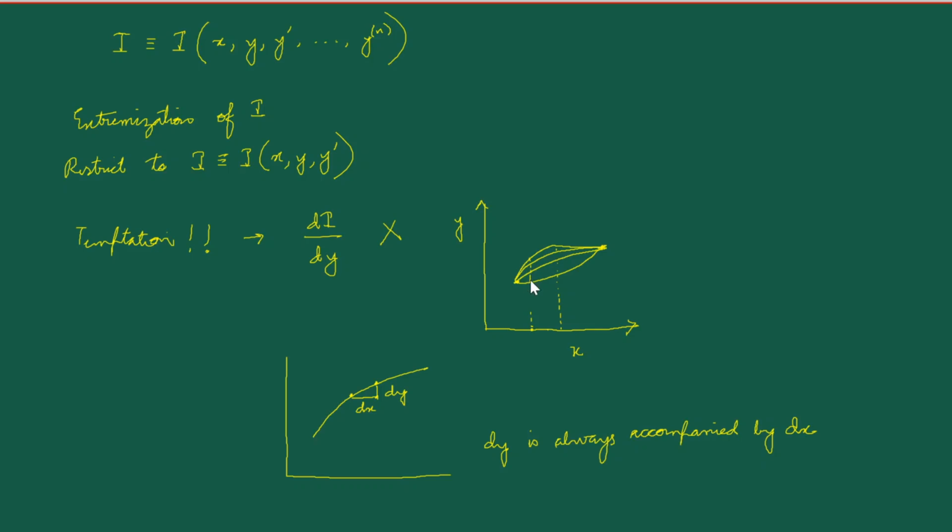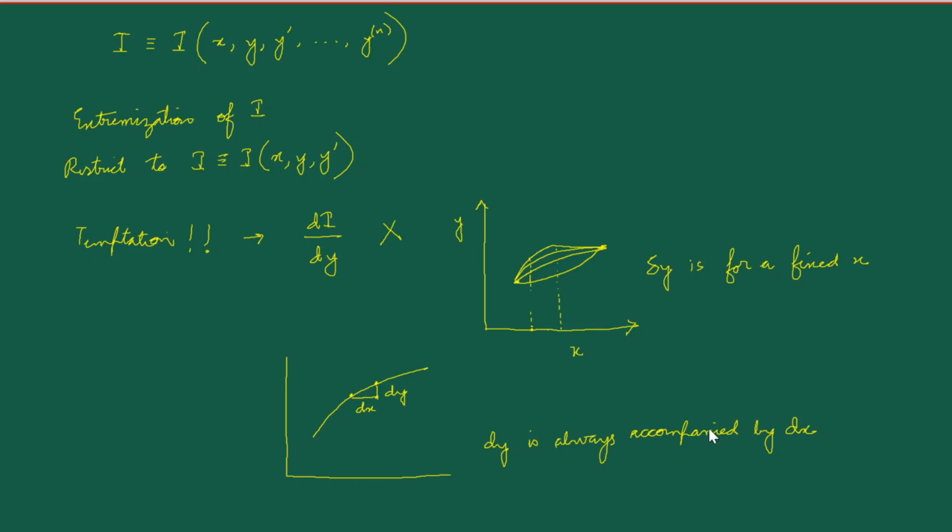So this change in y is represented by a different kind of differential, like the variational kind of derivative. Okay, this delta y. This delta y is for a fixed x. This is the primary difference.